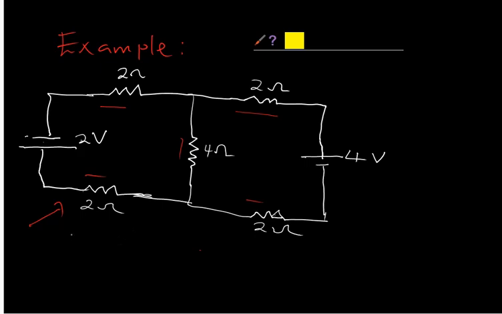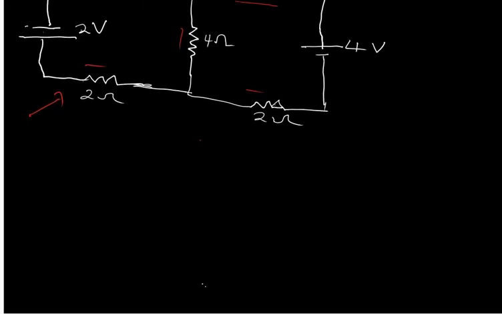Now I'm going to write out the steps that will help you with Kirchhoff's law. The very first step is to apply KCL. You apply KCL directly to the circuit to label the current across each of the resistors.